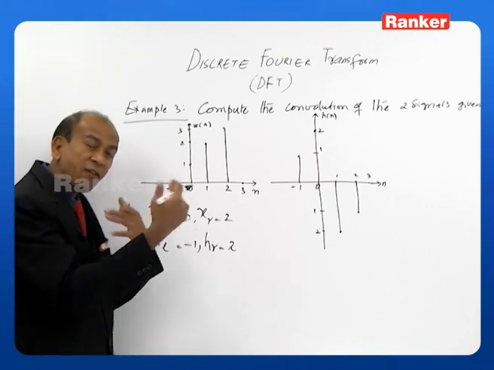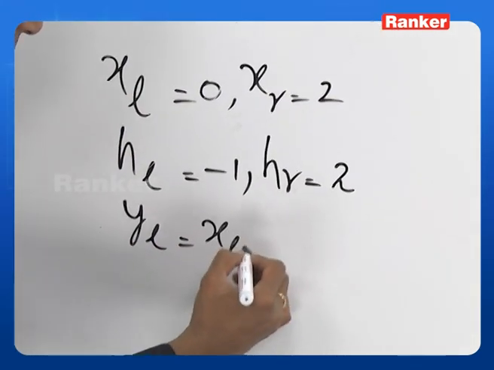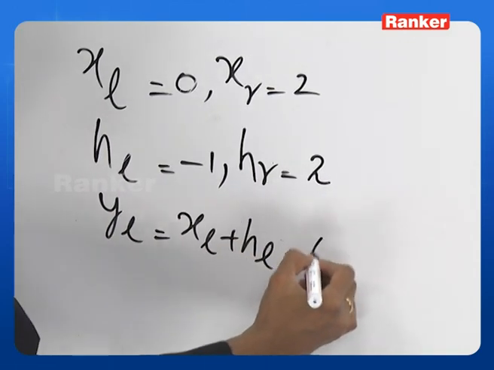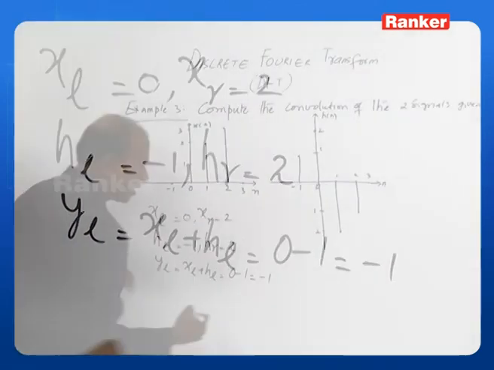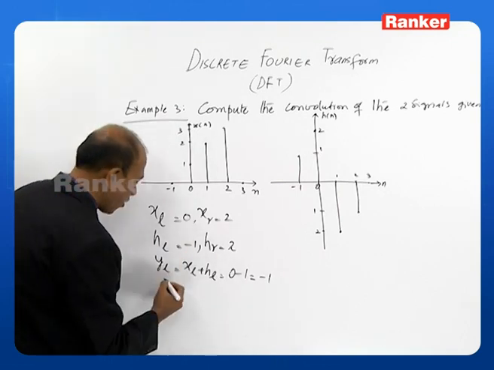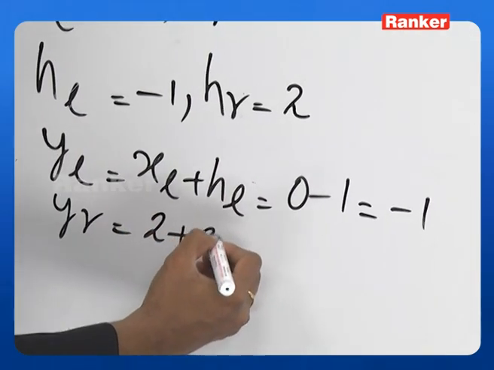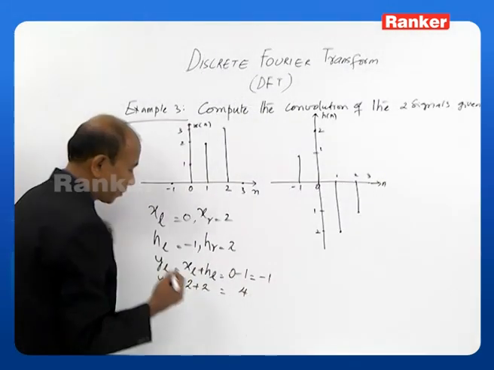Now, what is the leftmost value for the convolved product? This will be equal to xl plus hl, that is 0 plus of minus 1, so it is minus 1. Similarly, y of r will be 2 plus 2, that is 4.